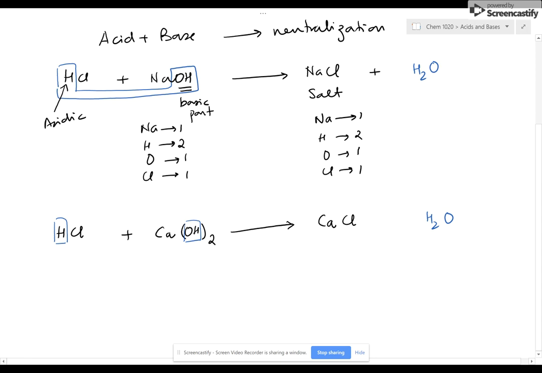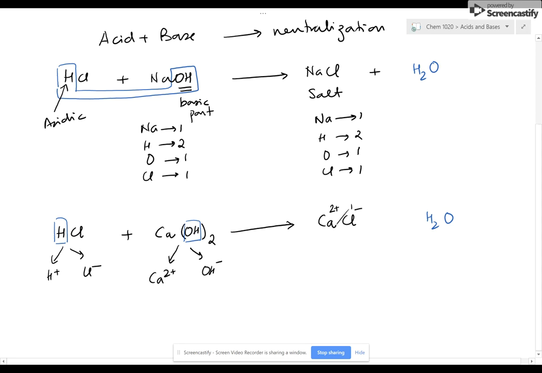But it's important to understand that if you split the calcium hydroxide, calcium has two positive charges, whereas each OH minus has only one negative charge. So the two positive charges on the calcium are combining with chlorine, which only has one negative charge.